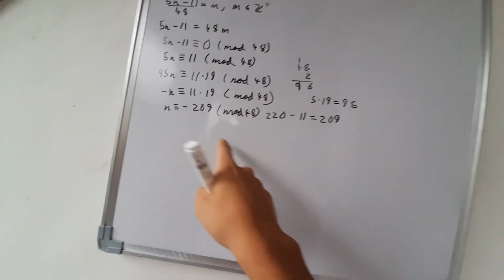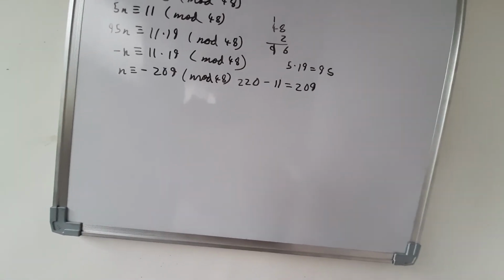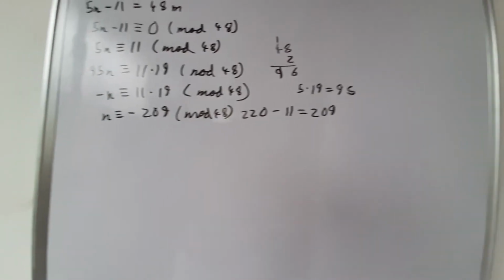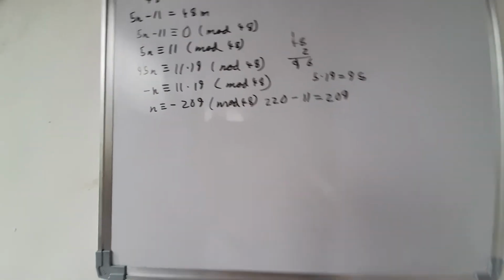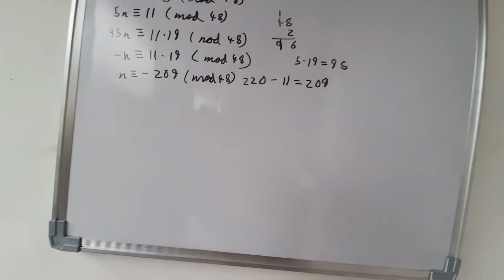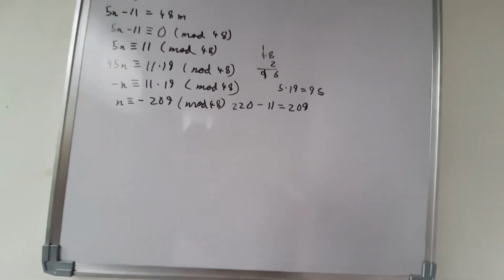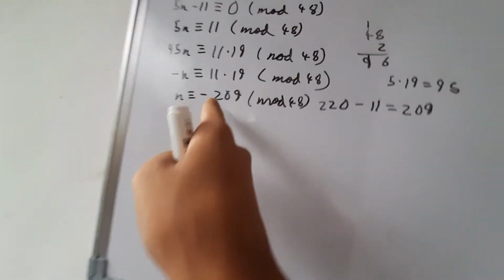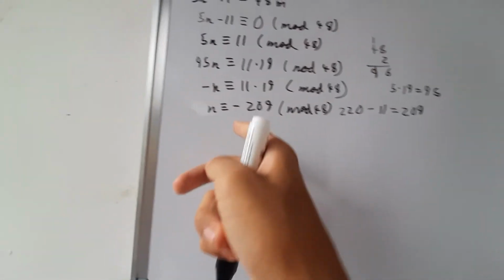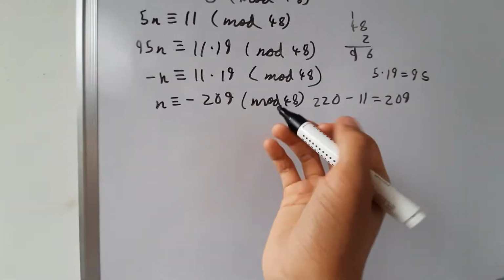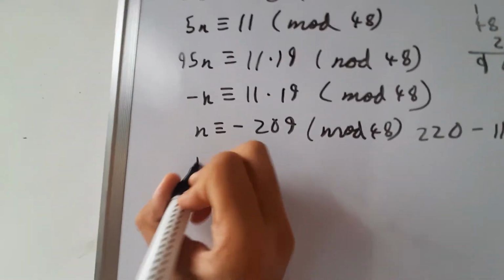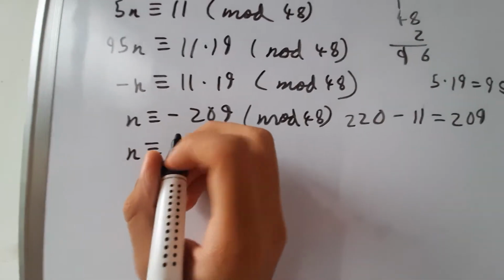Anyways, 209 mod 48. So let's think about this. 48 times 5 is 240, so let's add 240 to both sides. Notice that that's just adding 0 in this ring of integers. I just learned that yesterday actually.